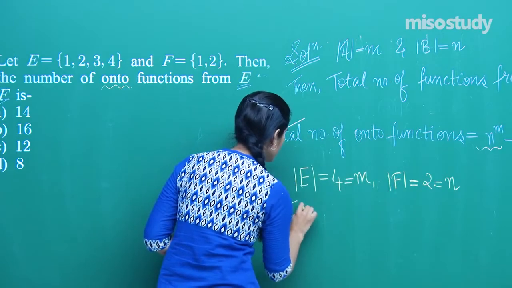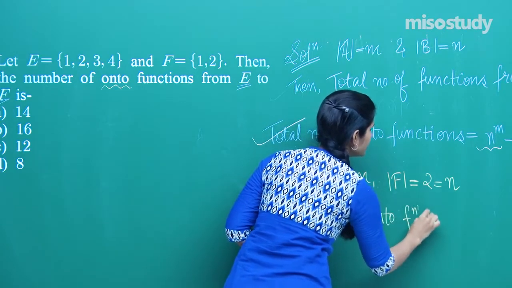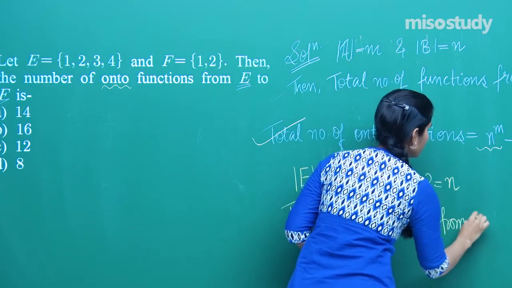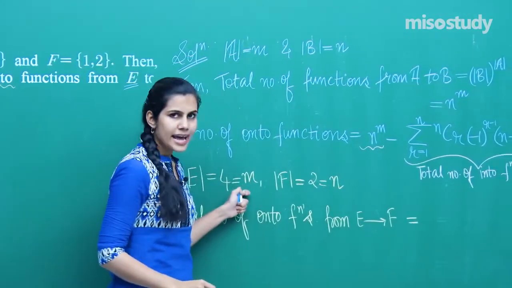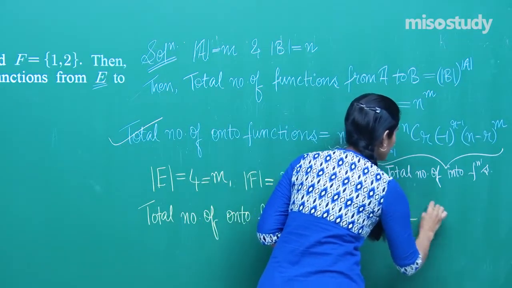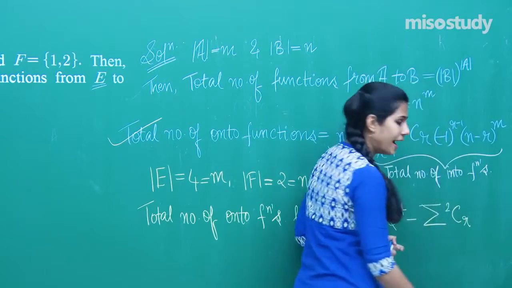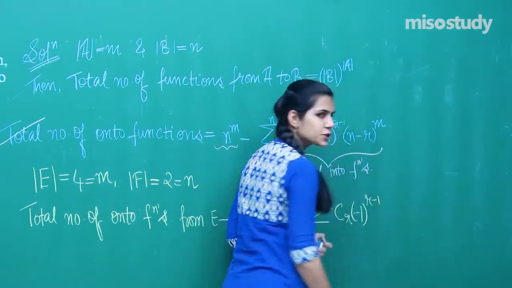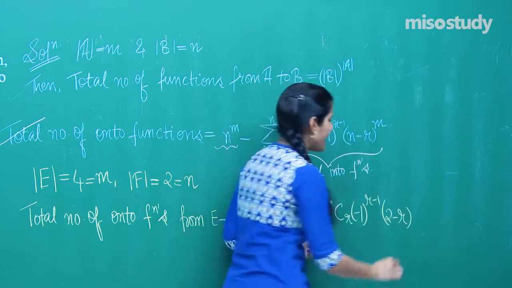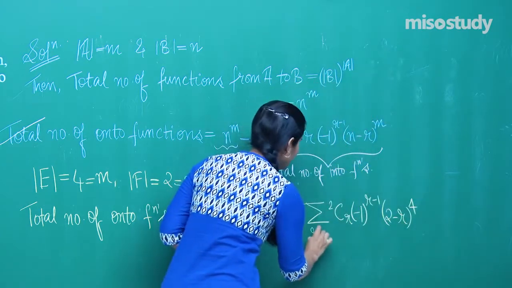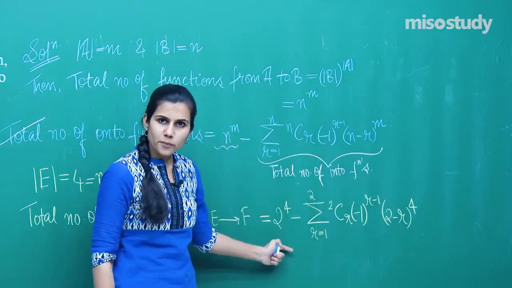And so, the total number of onto functions from E to F is n to the power m, which is 2 to the power 4, minus summation 2Cr (-1)^(r-1) (2-r)^m, m over here is 4, where r varies from 1 to n, n is 2. This is the formula in this case.